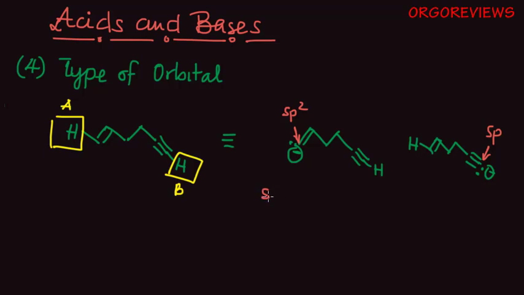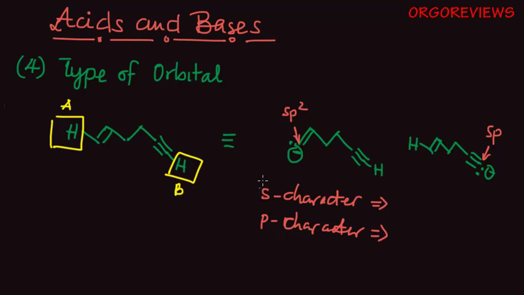Now there's something called the S character, which we already talked about earlier. If you don't remember that, please go and review your hybridization states. So you have S character and a P character. So the more P character you have, the more the tendency that the electron is going to be unstable.